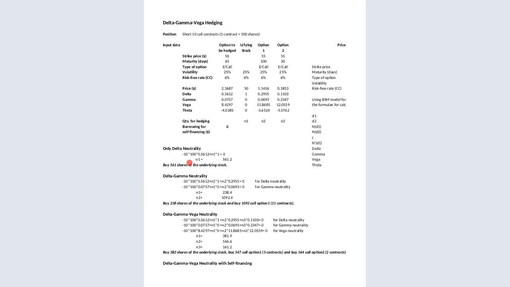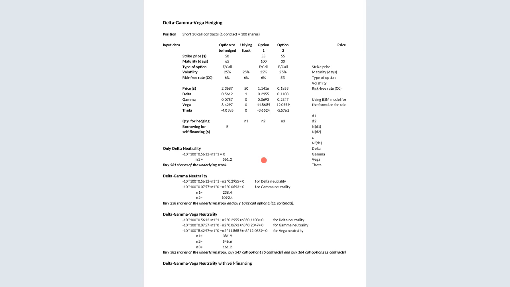Delta of shares is always 1, so that has to equate to 0. Therefore, I need to buy 561.2 shares today to be delta neutral, or 561 shares. Because of the negative sign, that is the number of shares I would need to get.